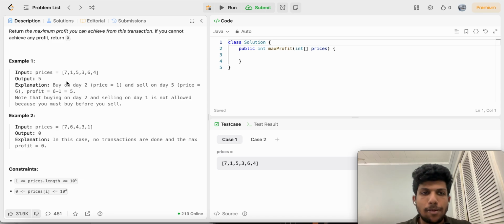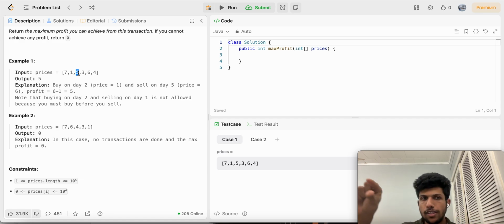So I can explain with example one. I would compare 7, that is at day 0, with every subsequent price. If I calculate it with 1, the profit would be minus 6. With 5, the profit will be minus 2. This way I would keep track of all the profits.